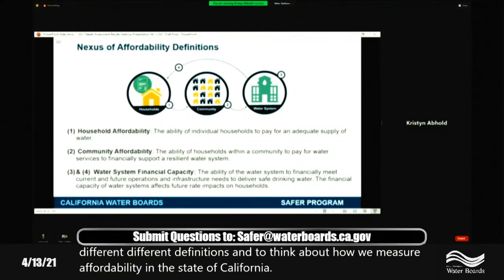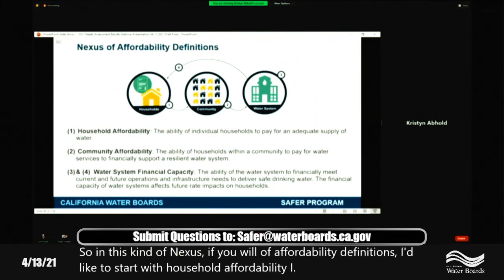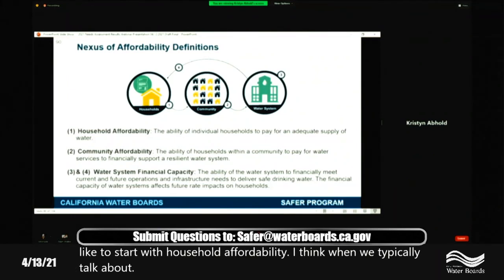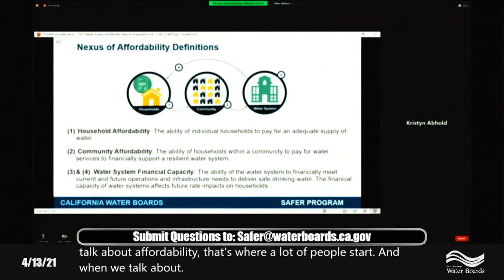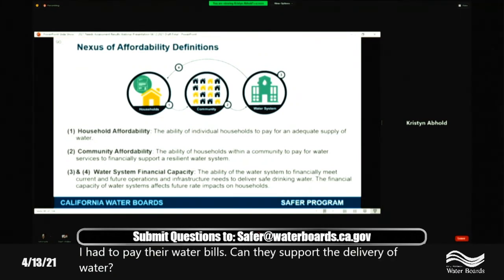So in this nexus of affordability definitions, I like to start with household affordability. When we typically talk about affordability, that's where a lot of people start. Household affordability is the ability of individual households to pay their water bills. Can they support the delivery of water to their home on a consistent basis?